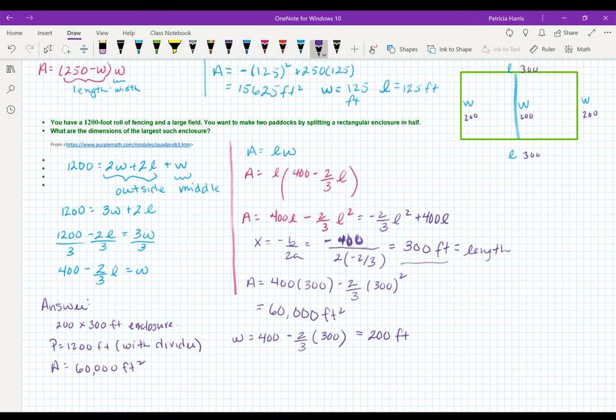Again, you can use Desmos to graph these if you wish, but sometimes it is a little bit quicker to use your formulas. I hope that helps you, and we'll see how this goes. All right, thank you.